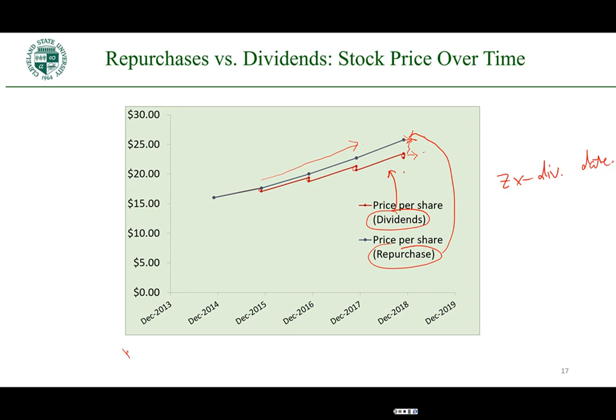Another point I want to mention is that from the shareholder's point of view, do you prefer repurchases or dividends? If you care about the total return, actually, there is no difference. Remember in the previous slides, we said the total wealth of shareholders related to the firm doesn't differ between the two forms of distribution. Stock price is only part of the return invested in this firm.